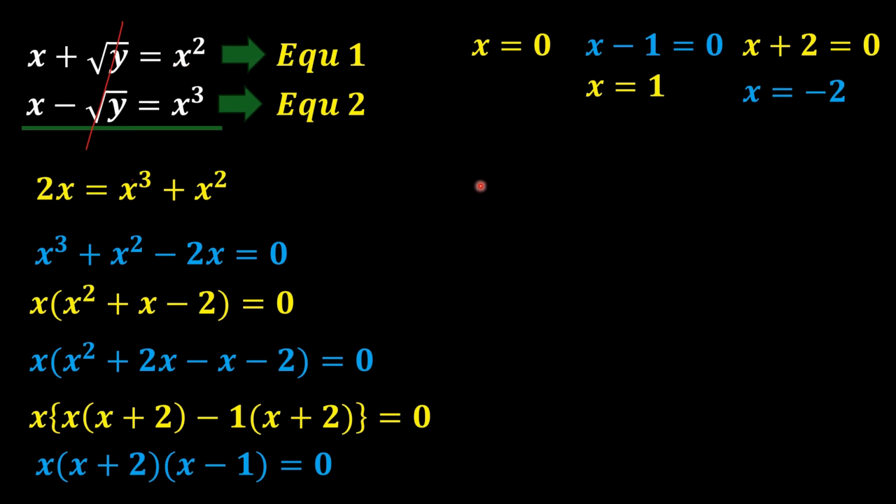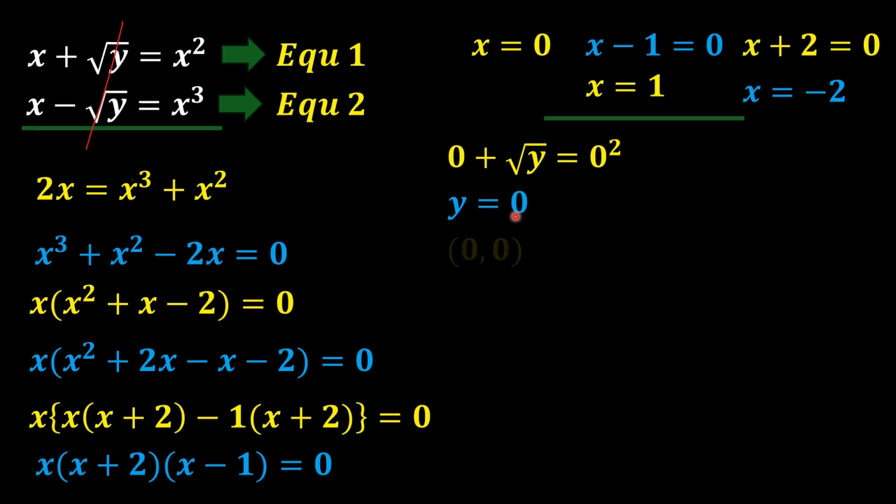So first we should insert x is equal to 0 inside equation number 1. It means that we will replace x with 0 inside equation number 1. As a result, we should get 0 plus under root y equal to 0 square. After simplifying this whole equation, we should get y is equal to 0, and this is the answer for x is equal to 0.